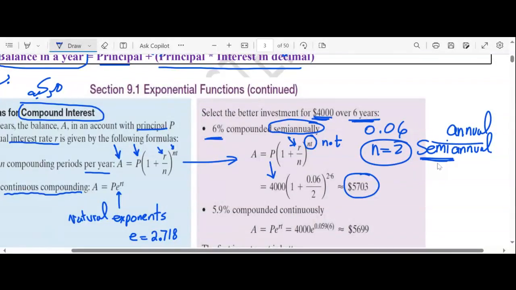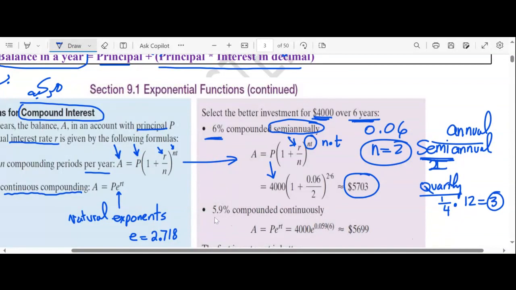Yearly. Semi, twice a year. Quarterly, 4 times a year. Quarterly means every 1 over 4 of the year, times 12 gives you what? 3. Is this clear? Yes.